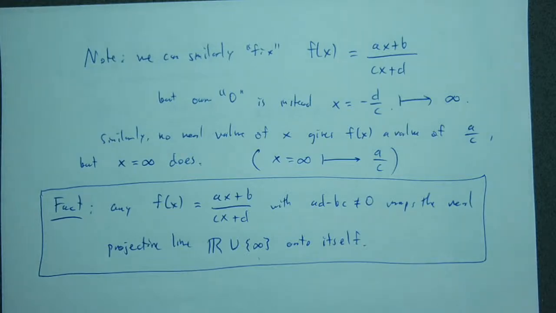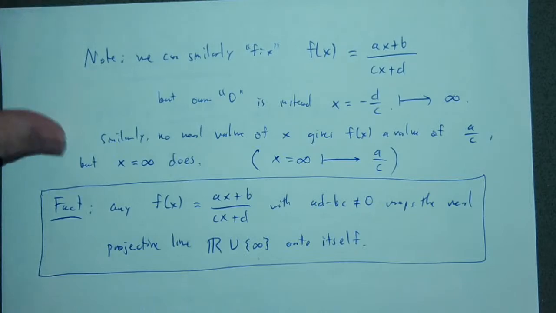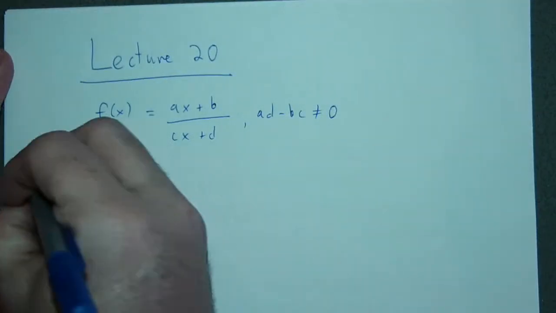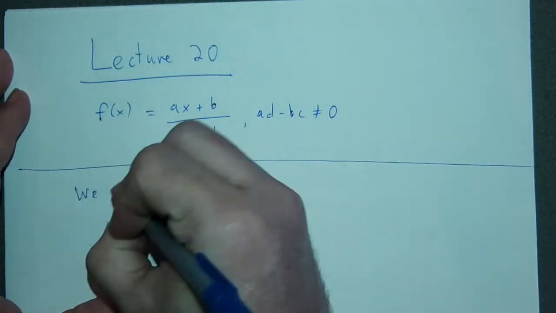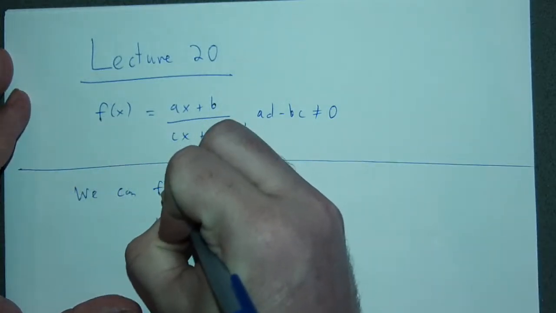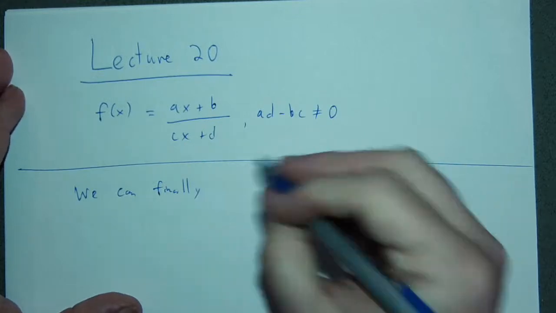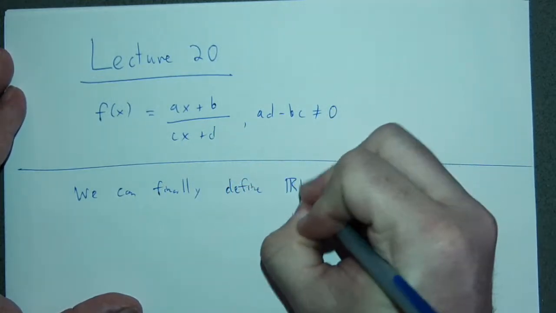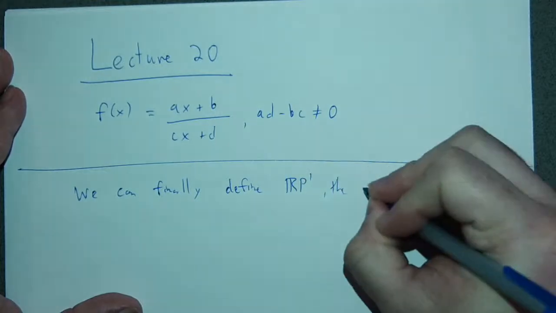Now, I keep calling this thing the projective line. What do I actually mean by that? We can finally stop the hand waving, and we can finally define RP1, the real projective line.